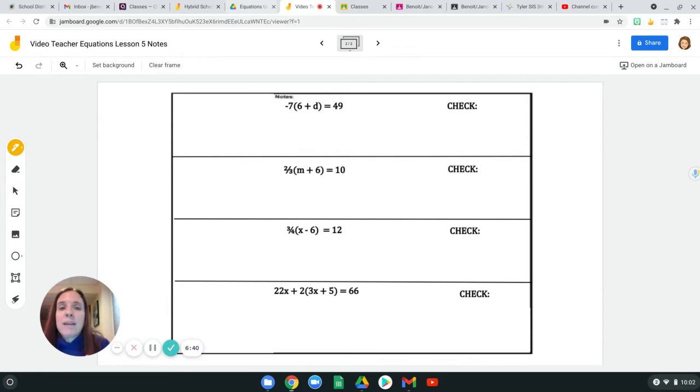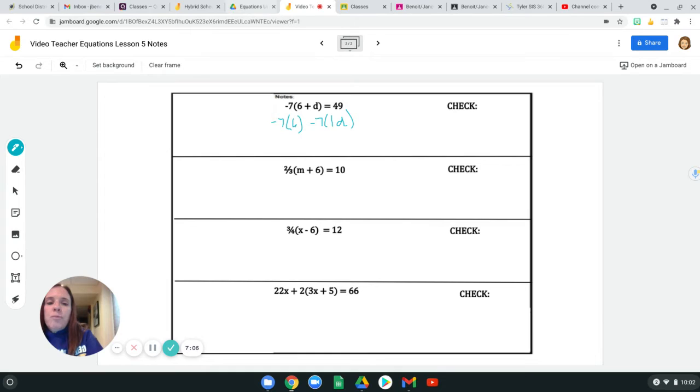Let's look at another. Negative 7 times the quantity 6 plus d equals 49. We're going to follow the same 3 steps. You don't see them written here, but we're going to follow them. Distribute that coefficient to the expression in parentheses first. So I'm going to do negative 7 times 6 and negative 7 times 1d.